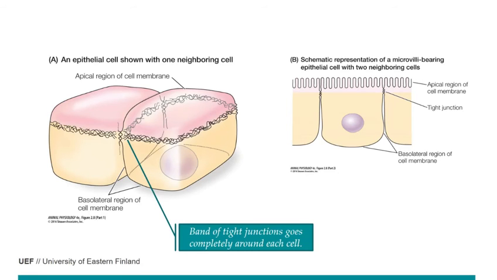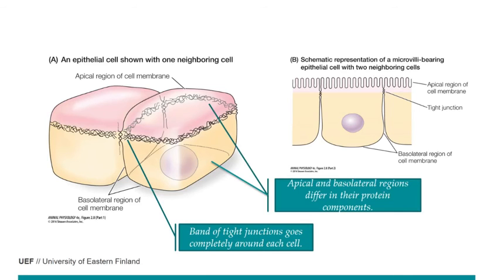They go completely around the cell, and there's no diffusion, so a membrane protein that is on one side can't just flow to the other side along the membrane. And that's why these regions are different in their protein components.